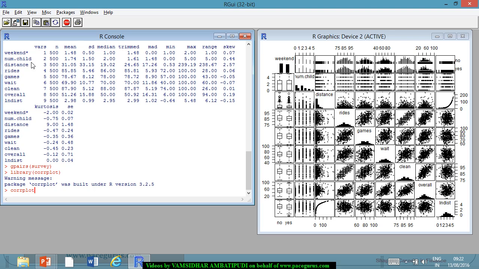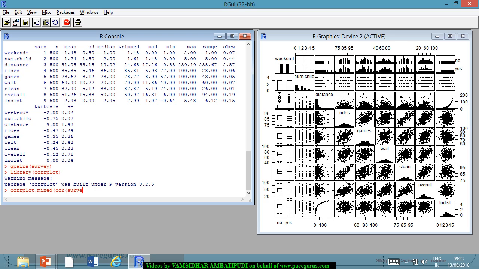So let me take corrplot.mixed. When I say mixed, in the upper part of the matrix I'll get the correlations in the form of circles, ellipses, etc. And in the lower part of the matrix, I'll get their numbers. As we have discussed earlier, the input is the correlation.